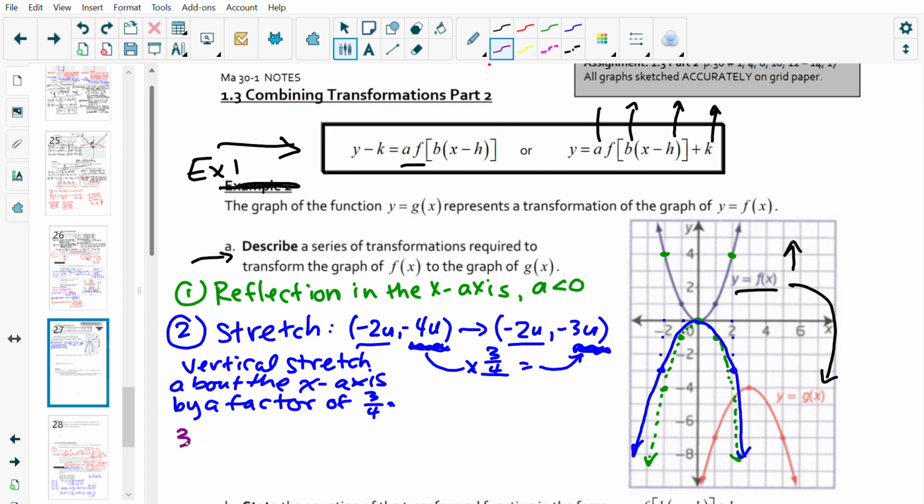Okay, last part. Now we're going to start here, and we're going to look at the position of the vertex, pick a common reference point, and then all we got left is a translation. 1, 2, 3, 1, 2, 3, 4. So positive 3, that's my h value. Negative 4, since I'm going down, that's my k value.